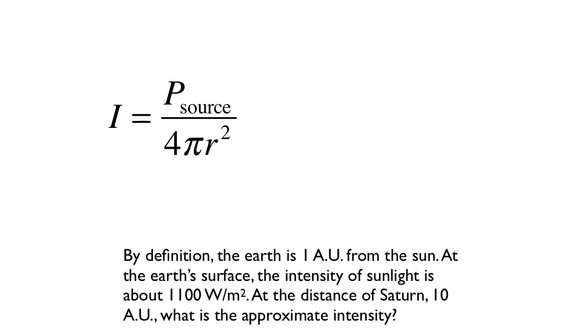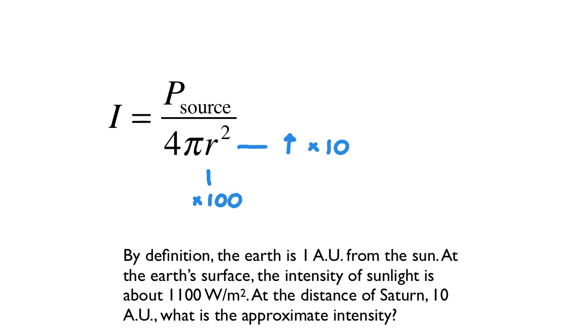Here's how we'll solve this. We have this basic equation right here, and we're told that the distance goes up by a factor of 10, because I've increased r by a factor of 10. But what appears in the denominator is r squared. If r goes up by a factor of 10, r squared goes up by a factor of 100.